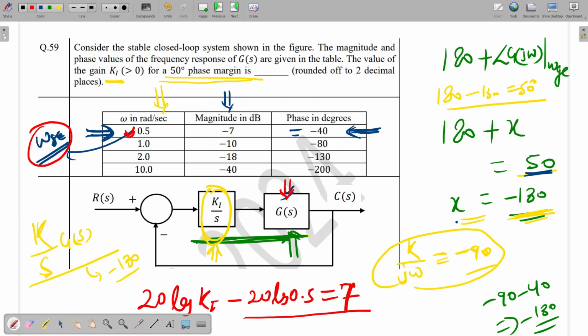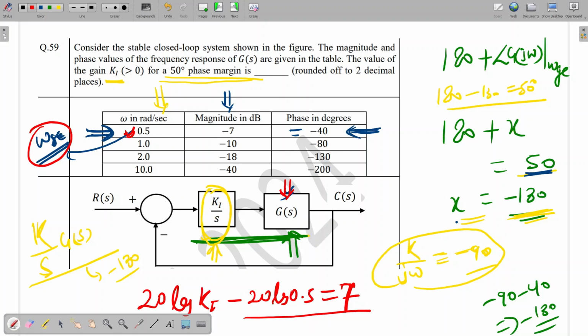Can you calculate? Am I audible? Okay, so I am calculating the K value, one second.